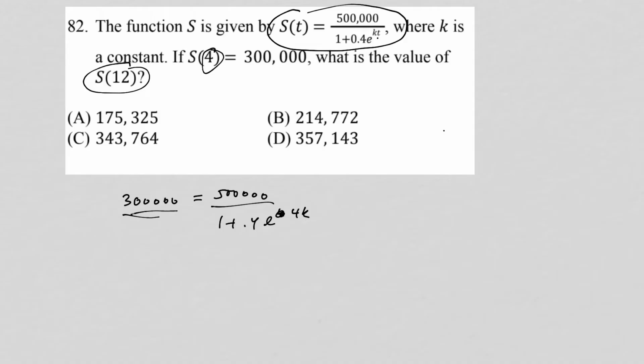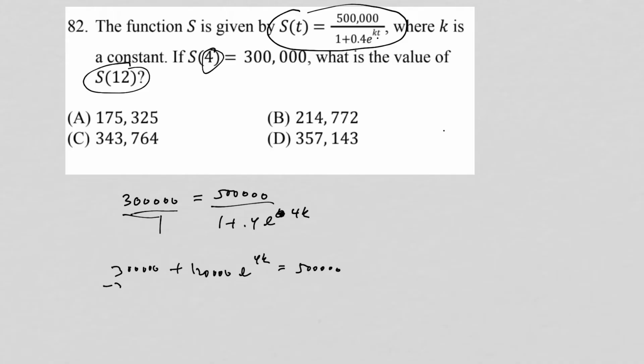I'm going to cross multiply and get 300,000 plus 0.4 times 300,000, which is 120,000 e to the 4k equals 500,000.